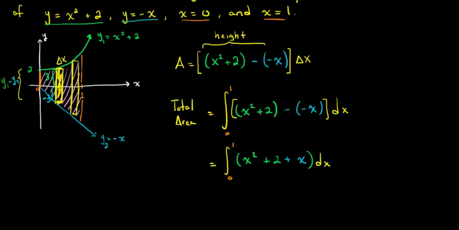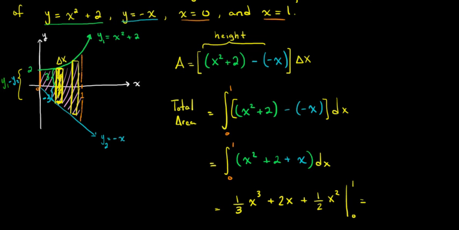Okay, so if I find the antiderivative of this, it's going to be 1/3 x cubed plus 2x plus a half x squared. And remember, we are going from 0 to 1. So what does this equal?